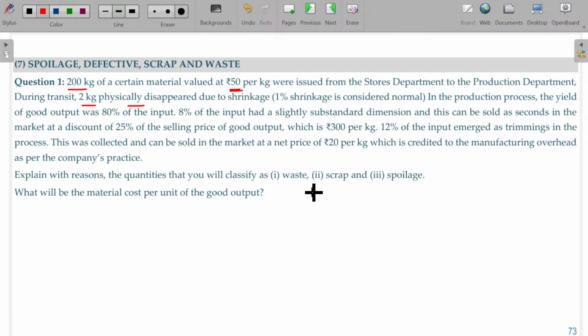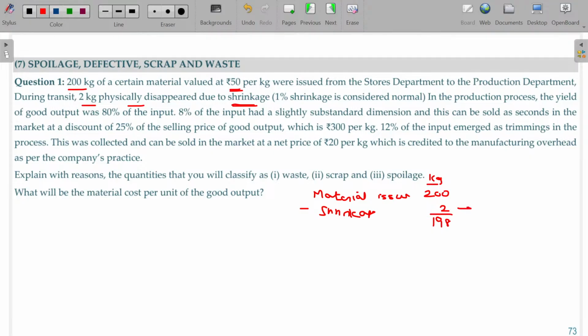So, material issue. How many kgs? 200 kg. Where 2 kg physically disappeared due to shrinkage. Now only 198 is delivered.